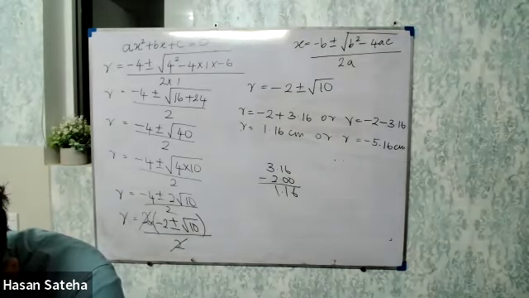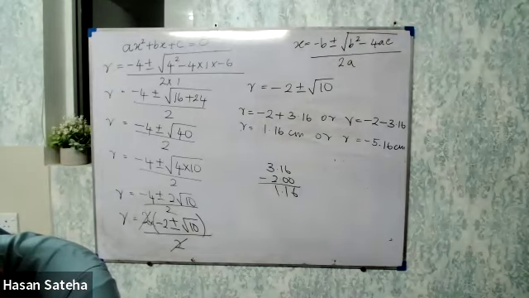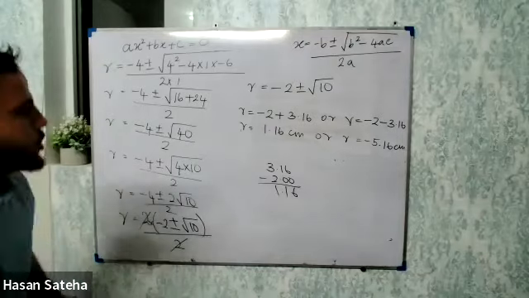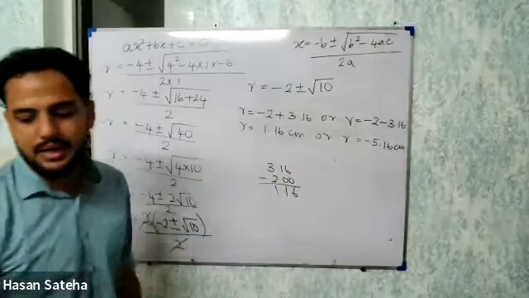Area cannot be negative. But here we are talking about R, the radius. So is it area or length? Yes, it's length. Okay, fine. So length cannot be negative, right? You know length cannot be negative.